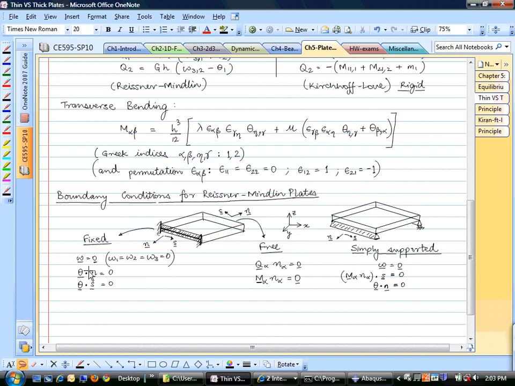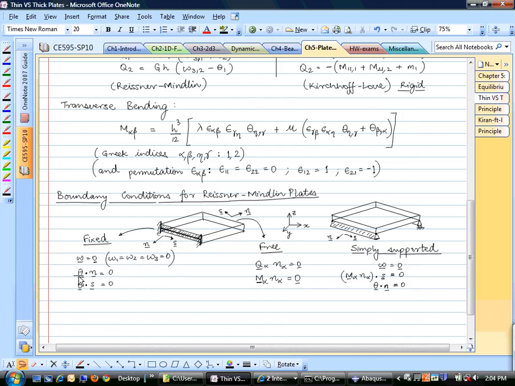So once we have these equations, then we can say that we have a complete set of boundary conditions on this edge. So how many boundary conditions are here? We have 3 boundary conditions for W, which says that all the 3 components of the displacement of the centroid have to be 0. 3 boundary conditions right here.